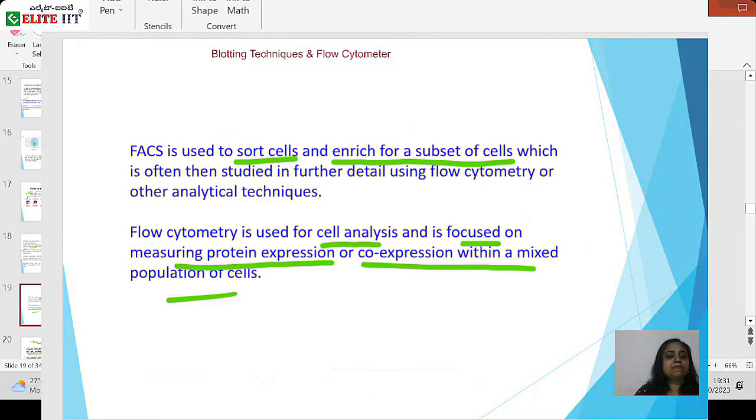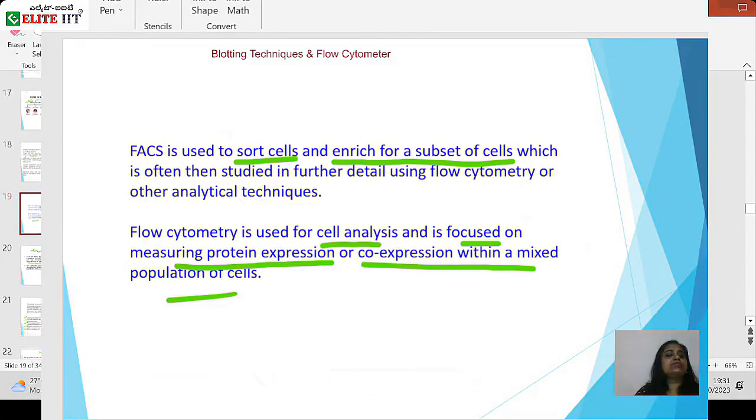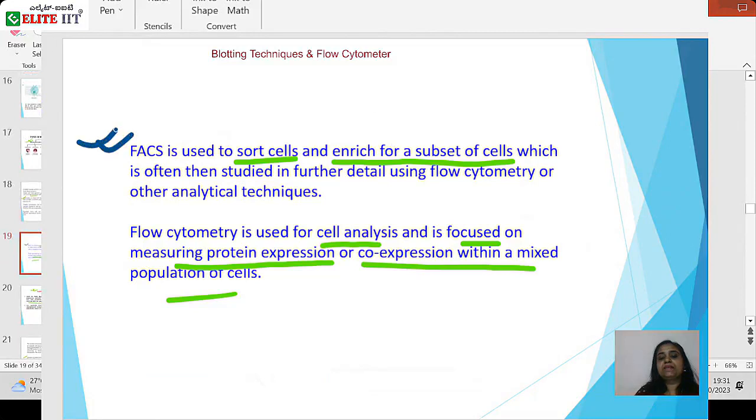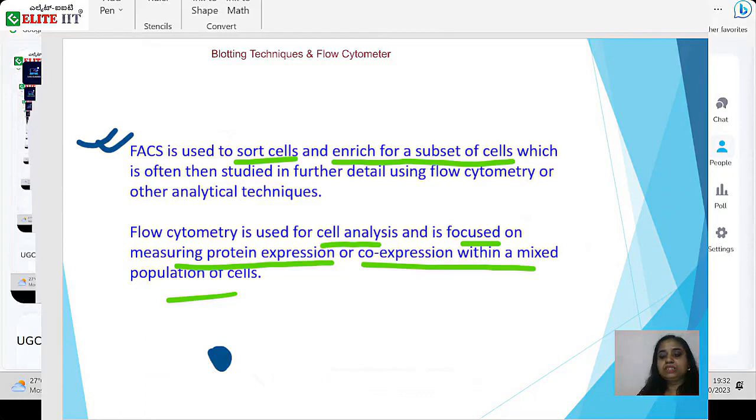Nothing else. ठीक है, so we are measuring mainly protein here, nothing else. Protein or cell, here specifically cell. If you just consider normal flow cytometry, you can consider ki protein, yeah, separating proteins. Okay, so now I hope it is done.